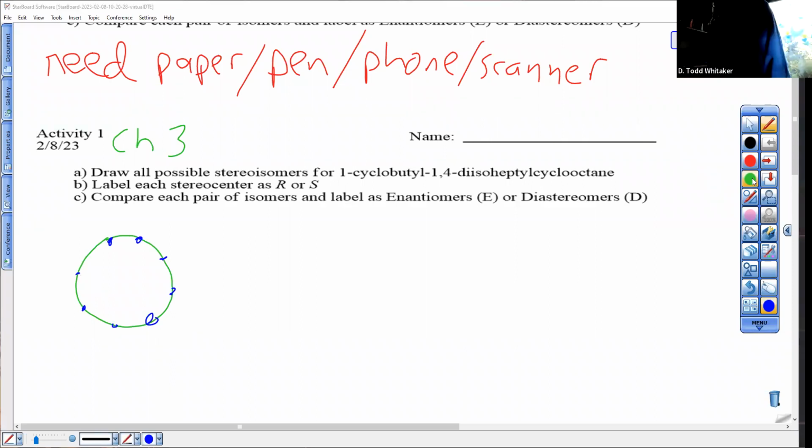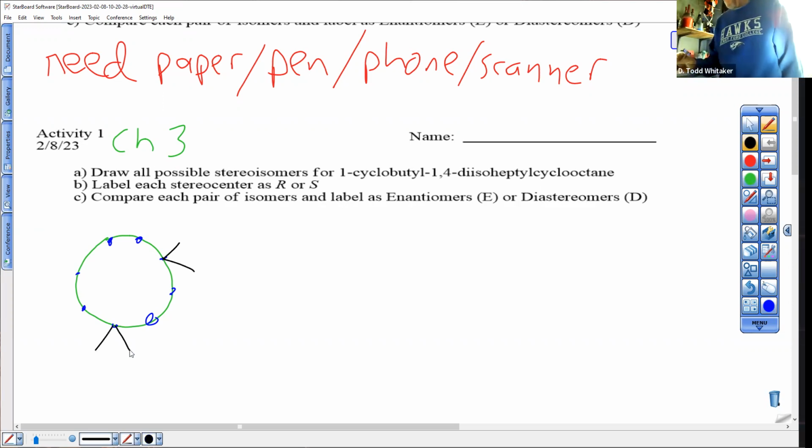I'll call that number 1, and I'll call this number 4. And we've got a cyclobutyl on 1. Make sure your ring has 4 carbons in it, not 5.